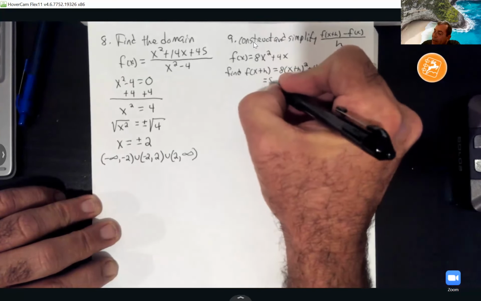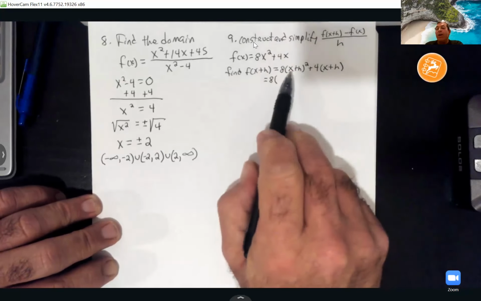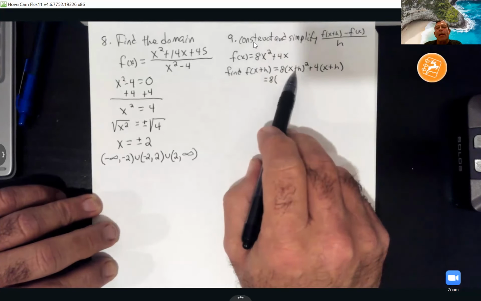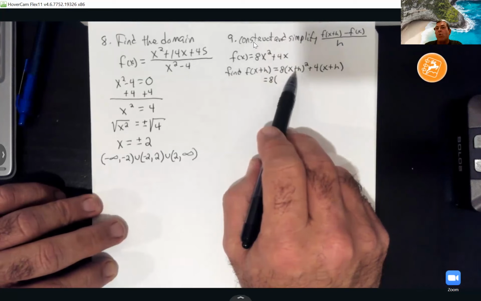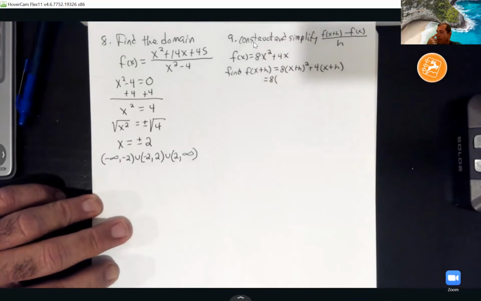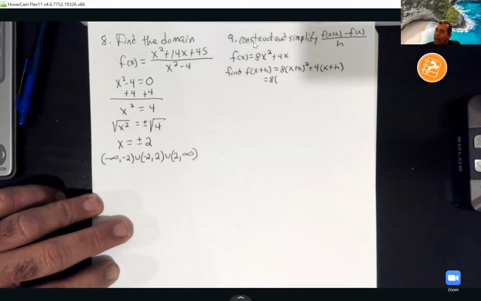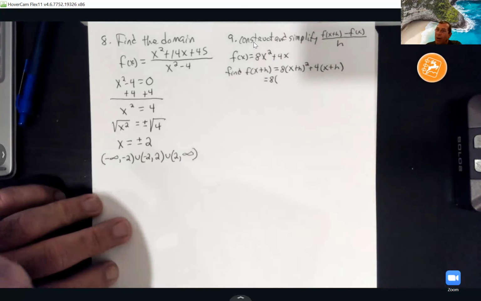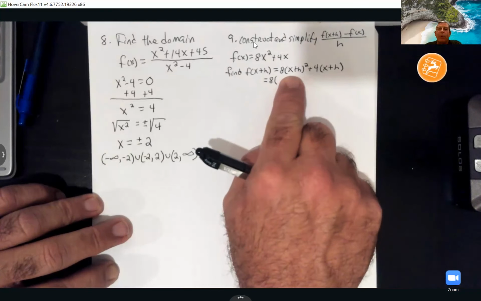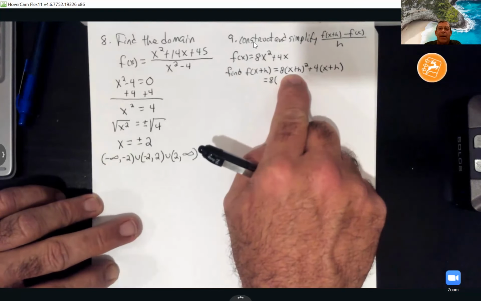So y'all bring down the 8. First, you got to figure out what x plus h squared equals. So this came out of 5.4. So if y'all got your 5.4 notes, what did we put in place of x plus h squared?